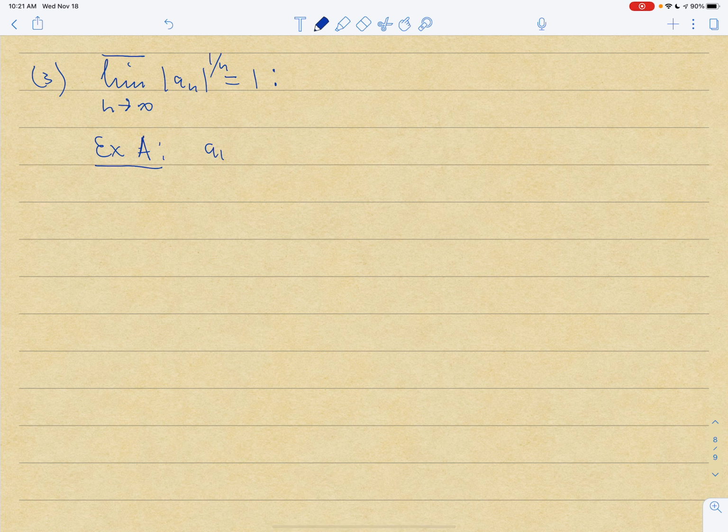Let's say an is equal to 1 over n. Then if I take 1 over n to the power 1 over n, and I want to take the limit of that as n goes to infinity, then we proved before that n to the power 1 over n has limit equal to 1.